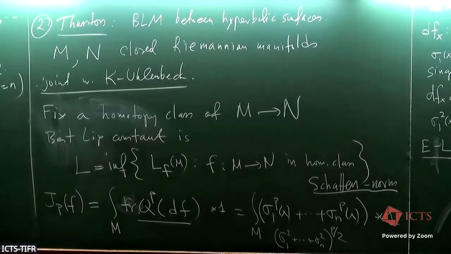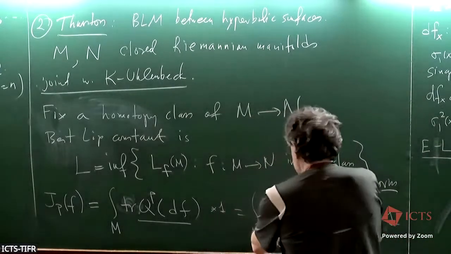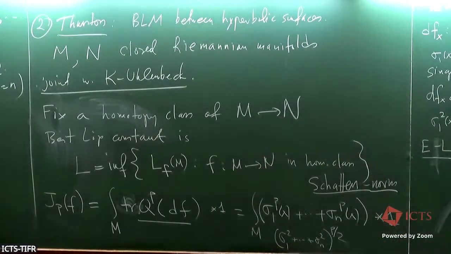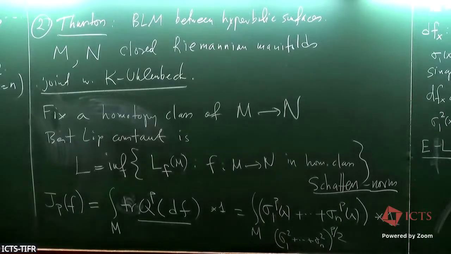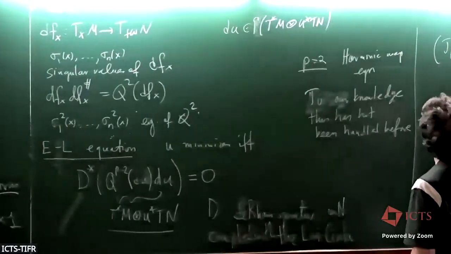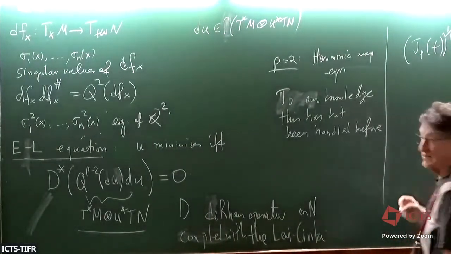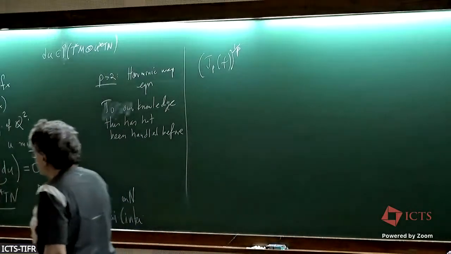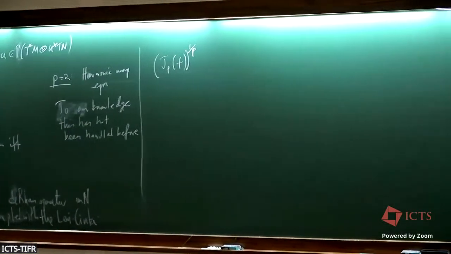So now you could see heuristically, if you take JP of F to the 1 over P, right? This is very heuristic, you have to prove it.